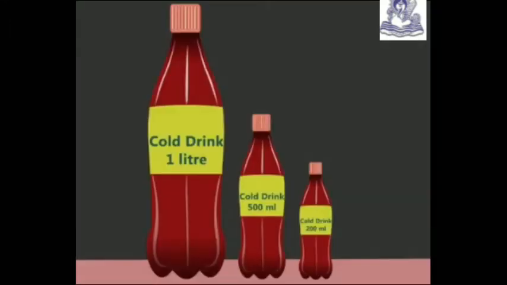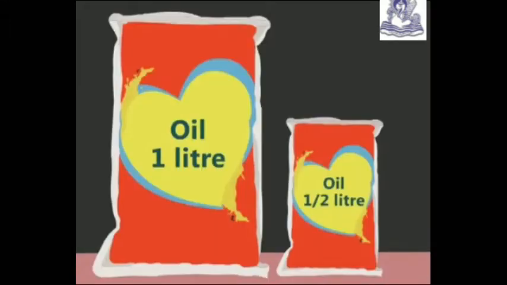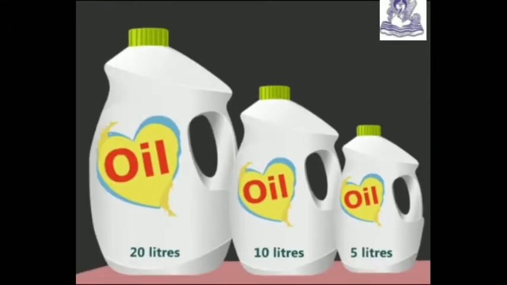Cold drinks are sold in bottles that can hold 200 milliliters, 500 milliliters, and 1 liter. We have seen cooking oil getting sold in pouches that can hold half a liter or 1 liter. The big can hold 5, 10, and 20 liters.